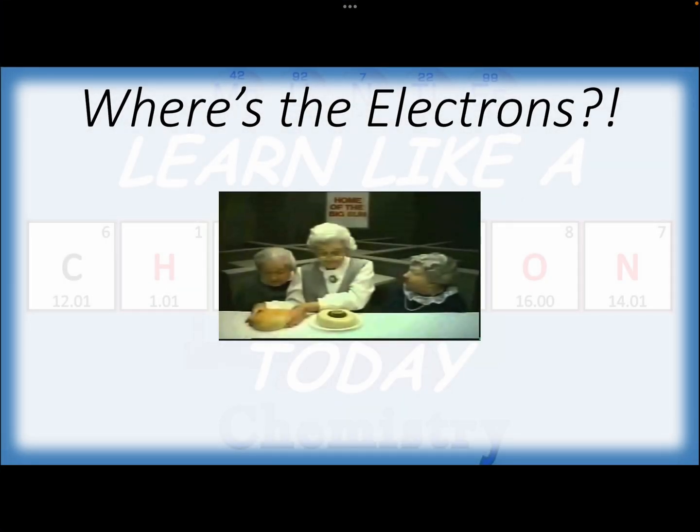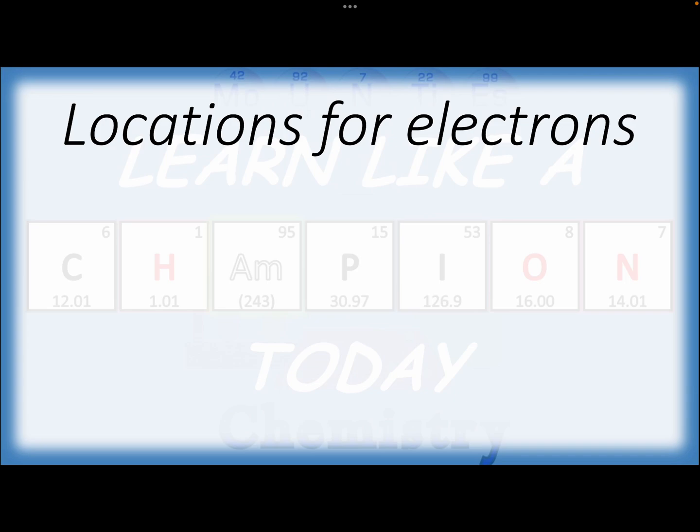Okay, so again, to lead off this lesson, we ask the question, where are the electrons? To identify where electrons are, we have a couple of different methods. One is in groups, all of them together. We do that by way of orbital energy level diagrams and electron configurations.